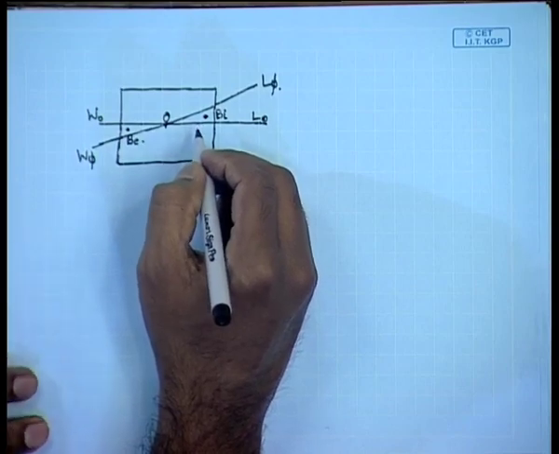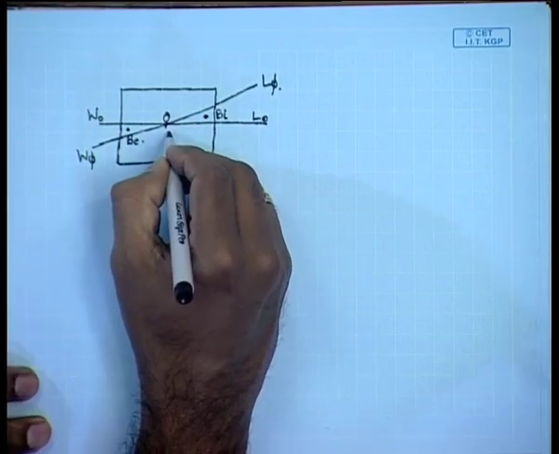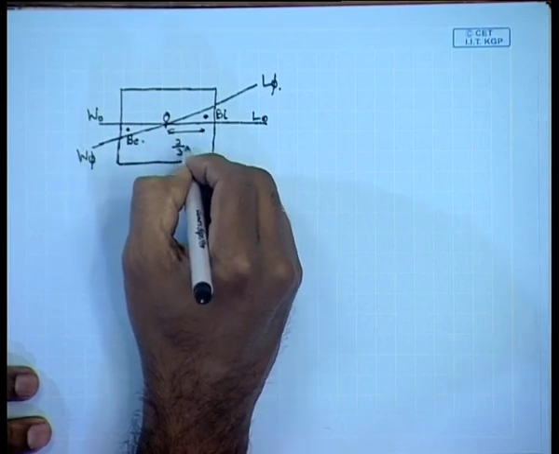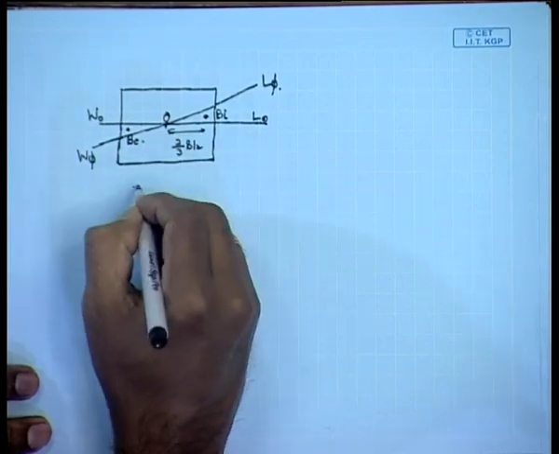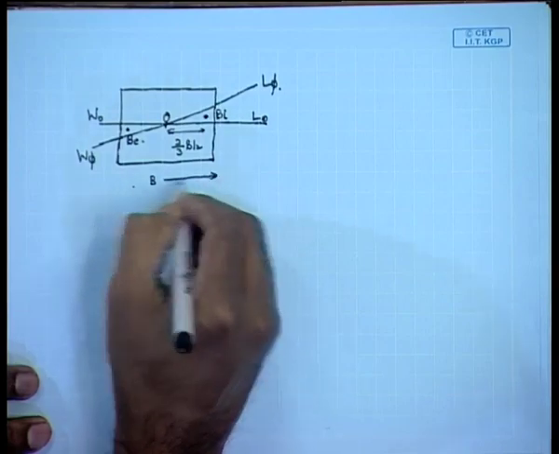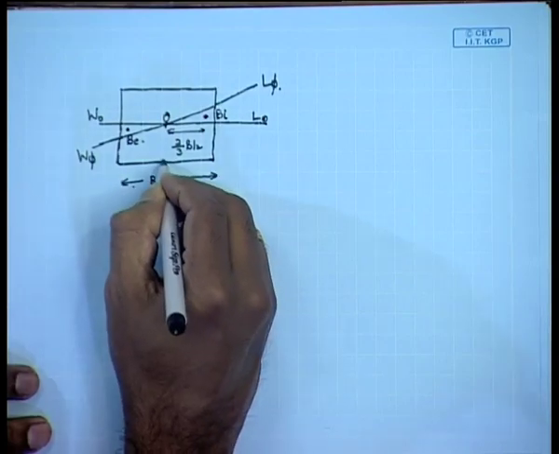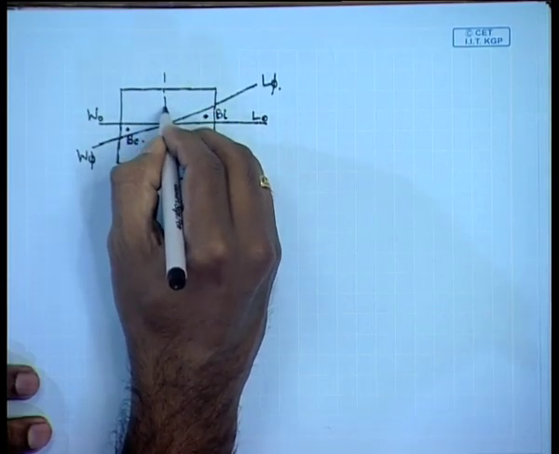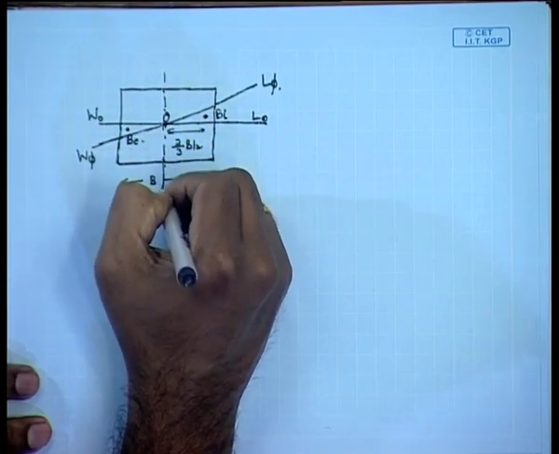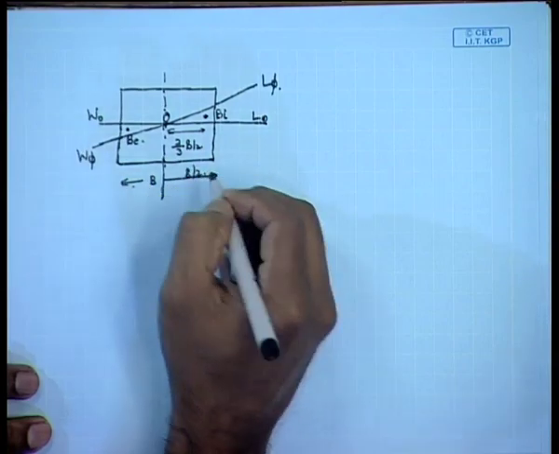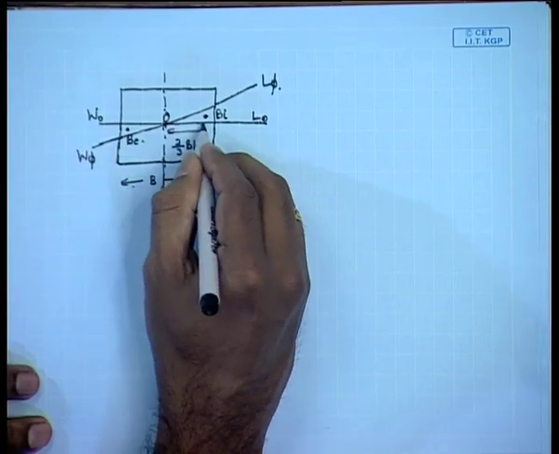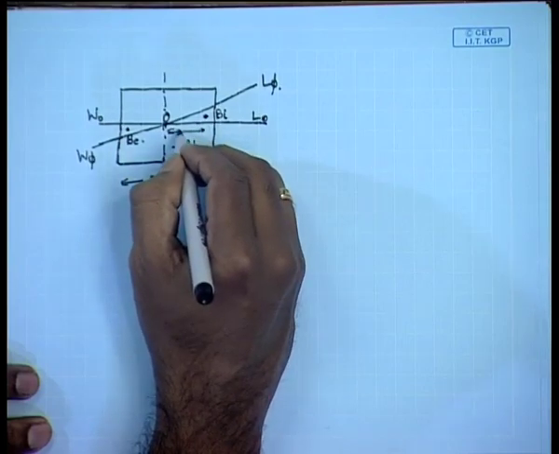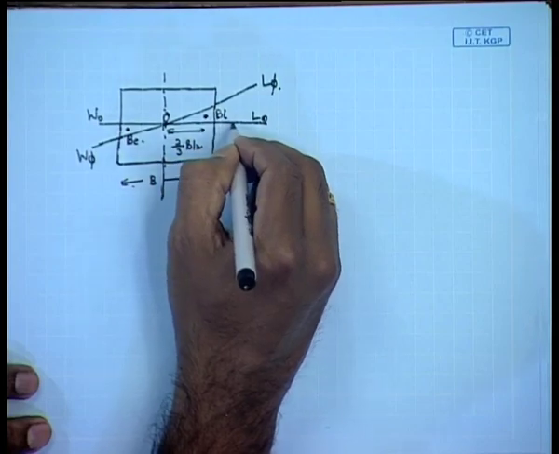Now from our knowledge we should know that this region is 2 by 3 of B by 2. This whole thing is B, which will imply that this region is B by 2. So 2 by 3 of B by 2 will give you this distance, which is equal to B by 3.